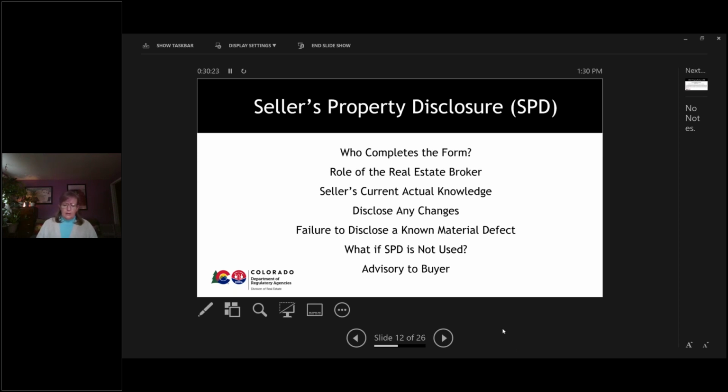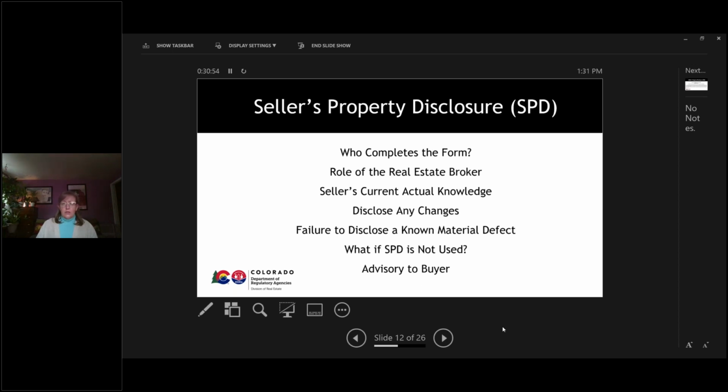And again, if you disclose adverse material facts to your real estate broker, they are required by law to disclose them regardless. So just bear that in mind, that if you tell them, listen, we had floods in northern Colorado about 15 years ago. If the property was flooded back then, that's something that the broker is then going to have to disclose.